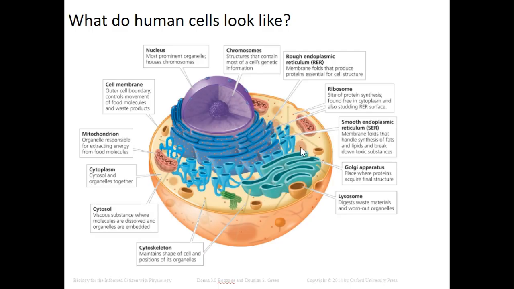Then we have our Golgi apparatus, another folded set of structures where proteins get their final sets of folds so that they can go out into the cell or neighboring areas and function correctly.